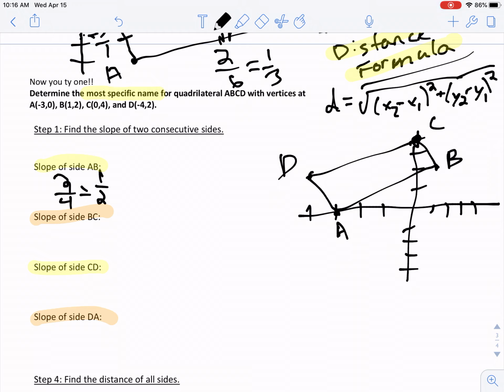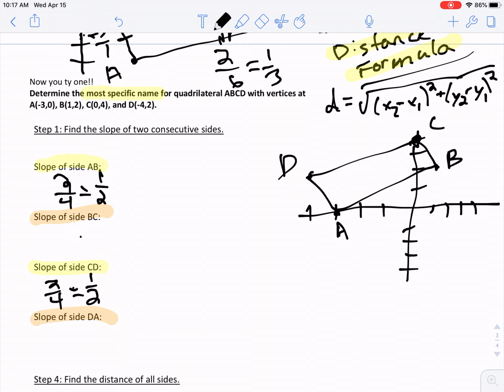C to D would be up 2 over 4, which is the same as 1 over 2. D to A, I'm going down 2 over 1, so D to A is negative 2 over 1. C to B, down 2 over 1, so negative 2 over 1.